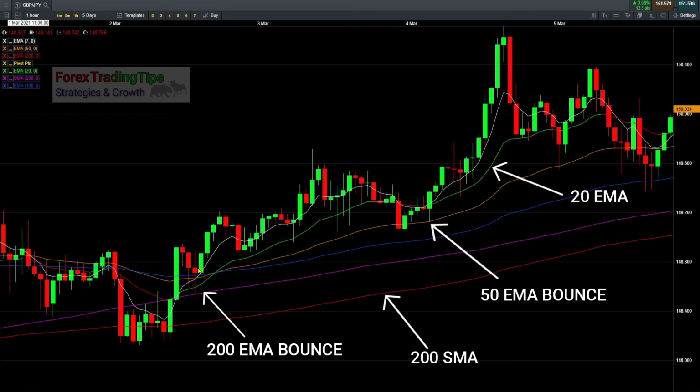I'll show you some more examples in a moment, but as I've said, look, right up off the 200 again here, right up off of the 50, a nice long bodied sort of pin bar, not quite a pin bar, but rejection of lower prices, bang on the 50 period exponential moving average.